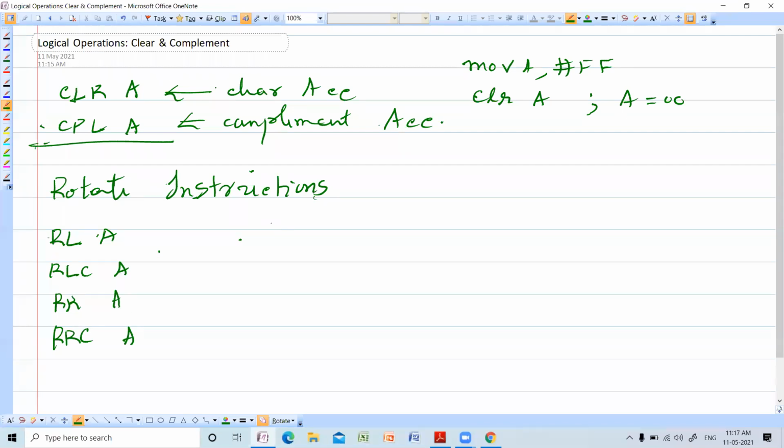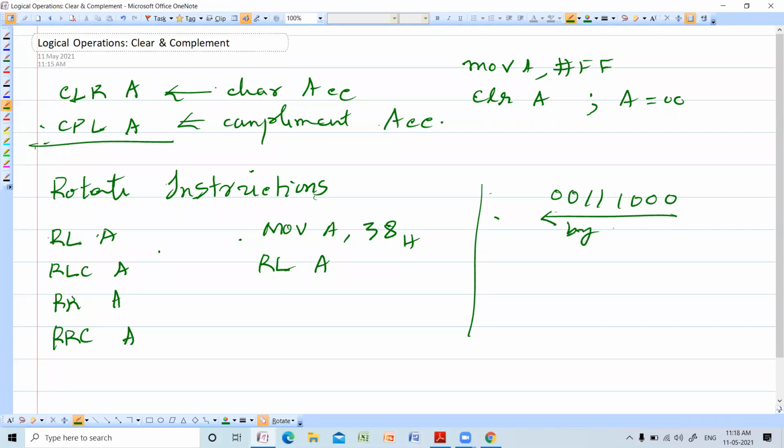So suppose MOV A, 38H. If you perform RLA, what happens? 38 is 0011 1000. You are rotating the accumulator left by 1 bit.